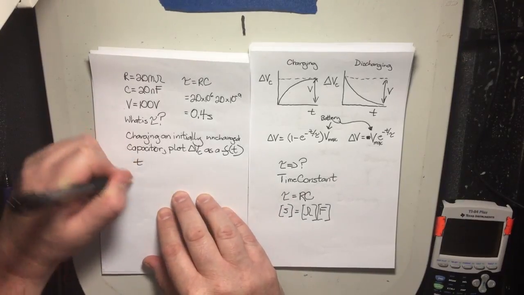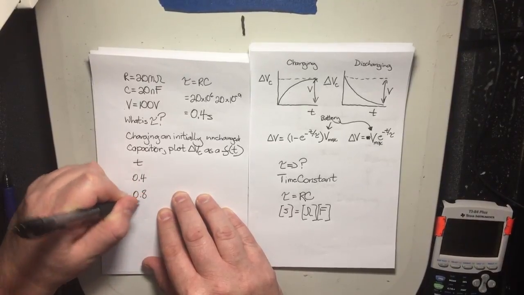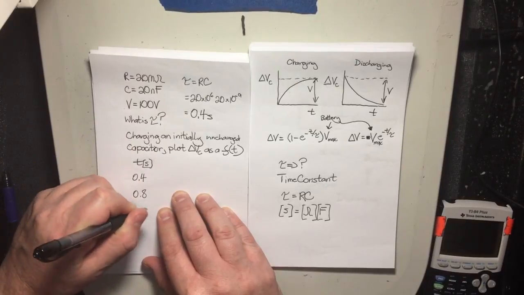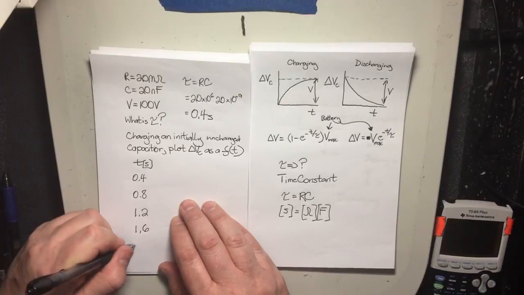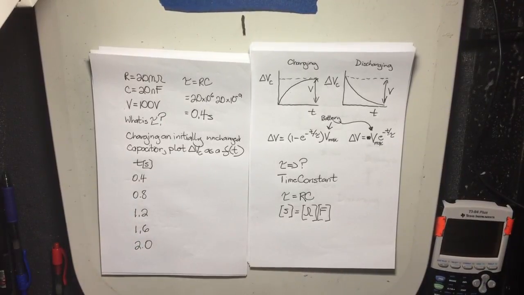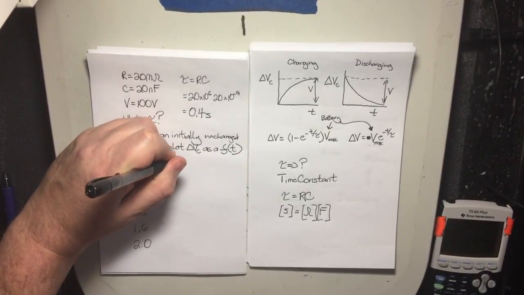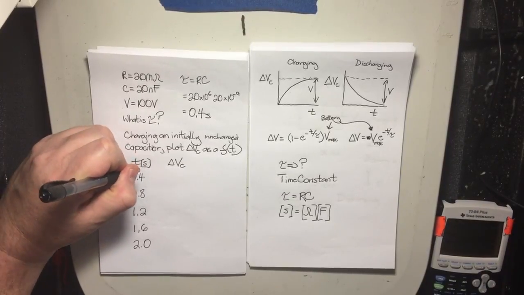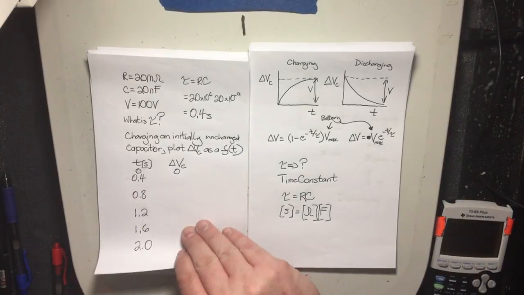The times, 0.4, 0.8, 1.2, 1.6, and maybe if we have enough time or sanity left, 2, all in seconds. It's understood that 0 and 0 is the initial point.